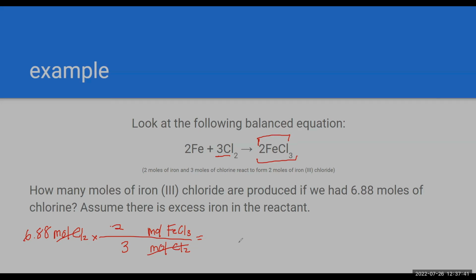And I am getting an answer of 4.586 moles of iron 3 chloride. And let's see, we have 3 significant figures. So I'm going to put this as 4.59 as our final answer.